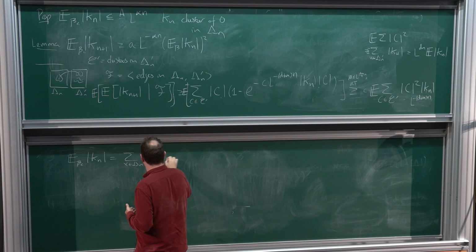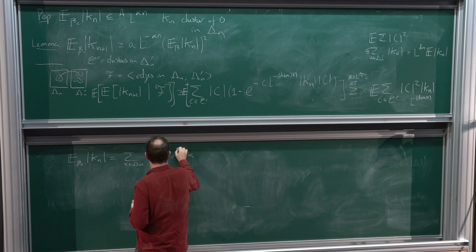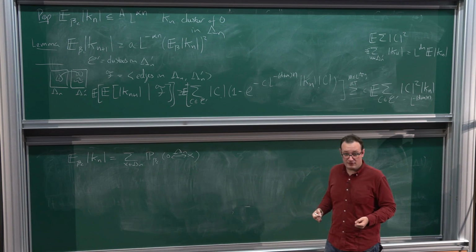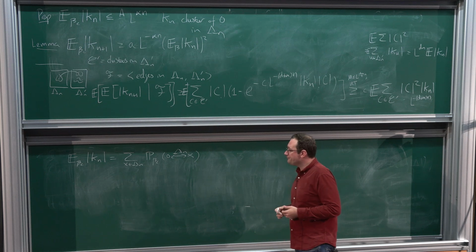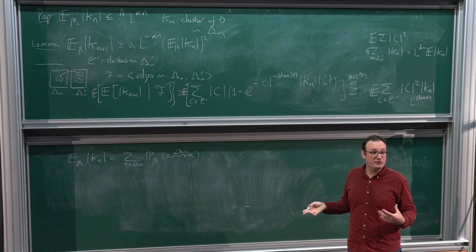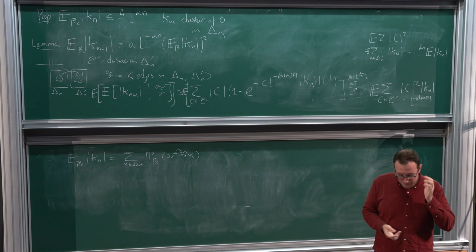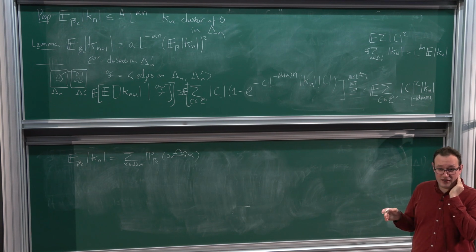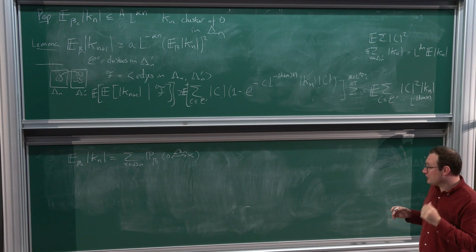We're summing only over those points that can be connected to the origin inside the box. Okay? And what we would like is a global two-point function. Okay? And this is the step where we really benefit from working in the hierarchical case, actually.